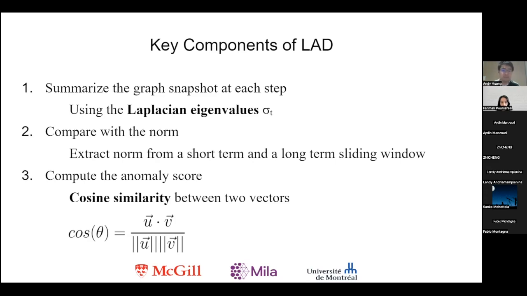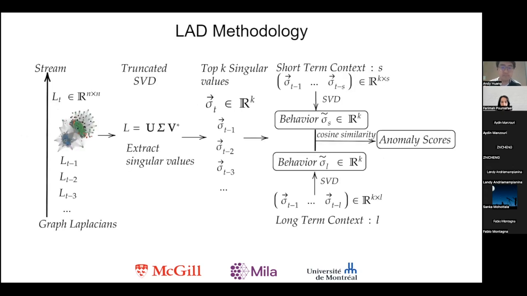And then lastly, we compute a similarity score, which is designed to be the cosine similarity between the signature vectors. The cosine similarity has a very nice property of being between 0 and 1, so this will be bounded as well.